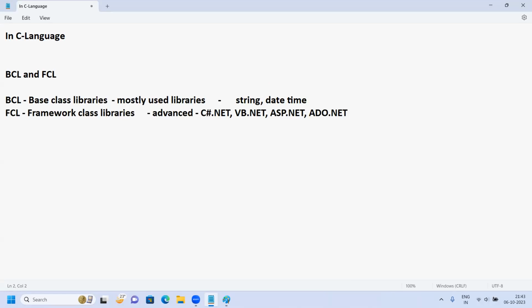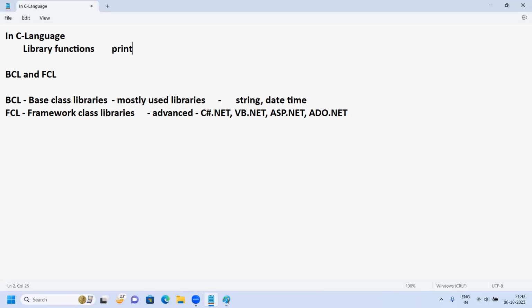Then what do you have in C language? You also have libraries, but what do you call them in C language? We have library functions. Classes we don't have. Library functions are built-in functions. What are they?